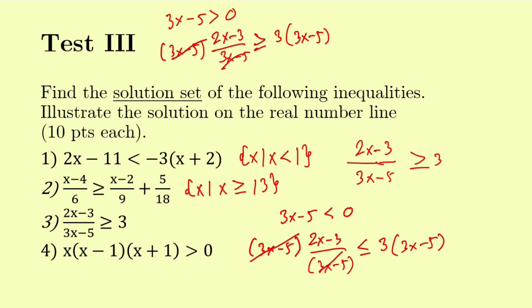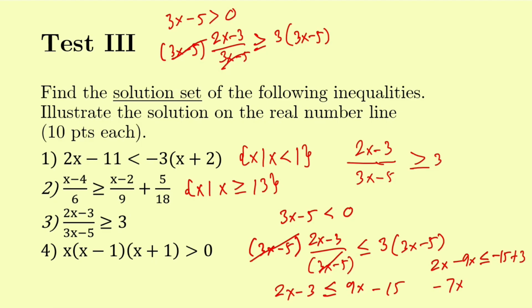Okay? Now, this will become 2x minus 3 is less than, distribute si 3, 9x minus 15. And what will that result in? Wala tayong space. 2x minus 9x is less than or equal to negative 15 plus 3.